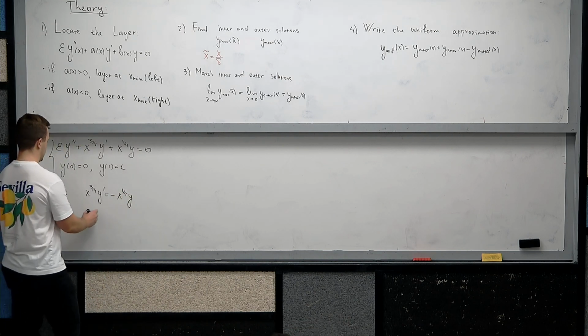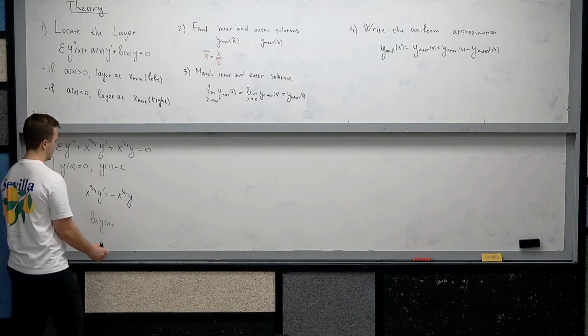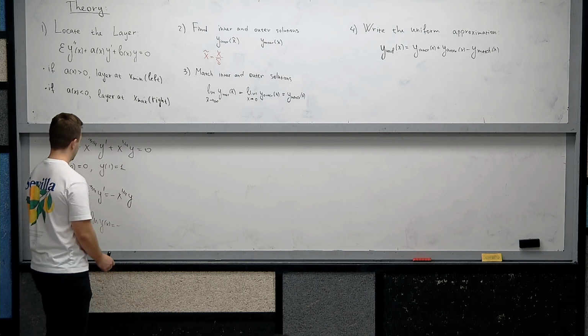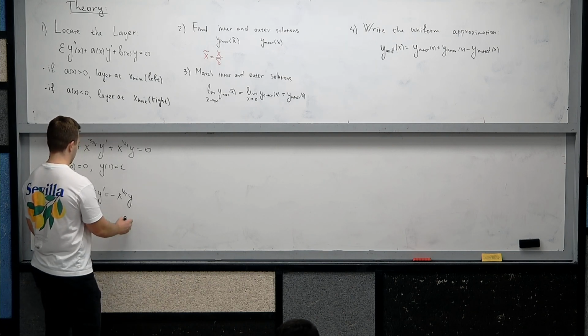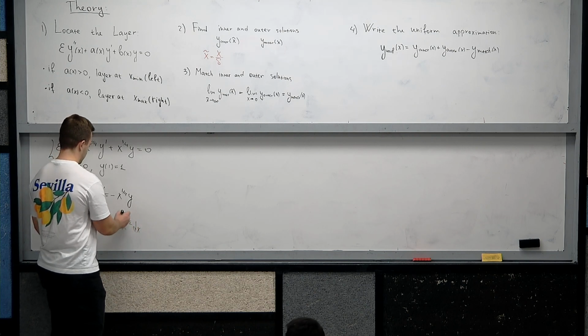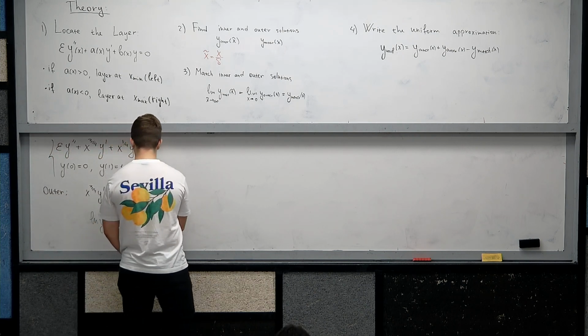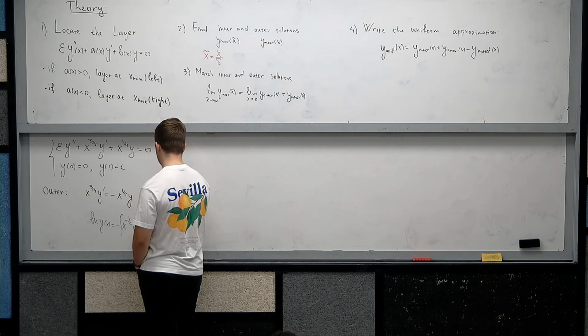So y of x is, we need to divide by x to the 3/4, so it's x to the minus 1/2, the integral of that, and it's 2 square root of x plus c.